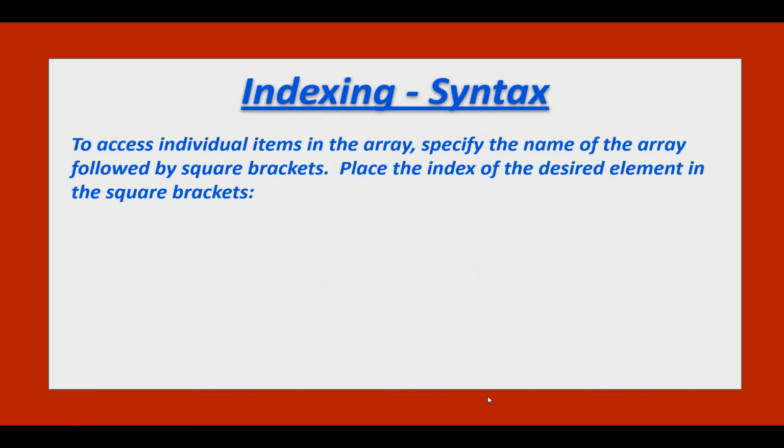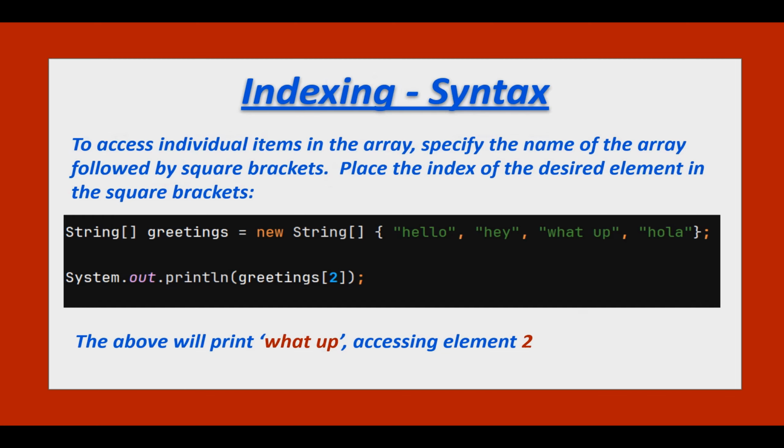Inside those square brackets, you're going to place the index of the desired element. Like this, where we have our array right here, and then this is the indexing, my friends. It is the name of the array, so you can kind of map that there. Name of the array right there, and then the index of the desired element in square brackets.